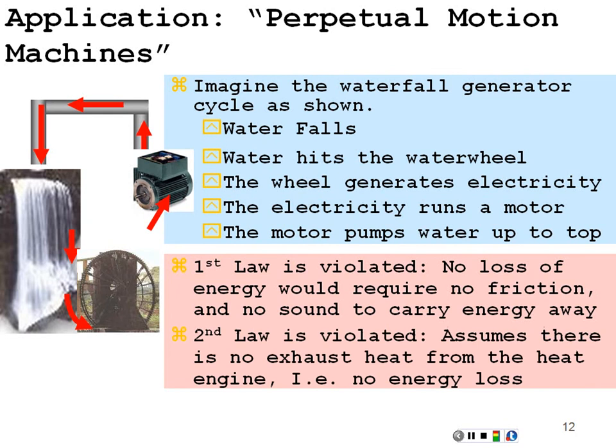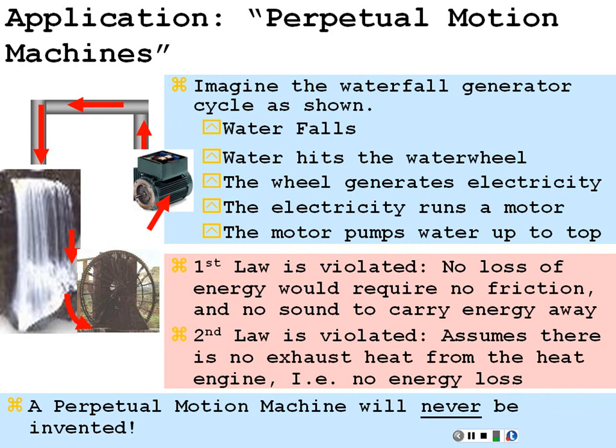Also, it would violate the second law, because if there's no exhaust heat from any of these processes, no heat engine, no energy lost, then you would have 100% efficiency, and that's not possible. So you couldn't have 100% efficiency, you couldn't have 100% conservation of energy. A perpetual motion machine is impossible. No perpetual motion machine will ever be invented.